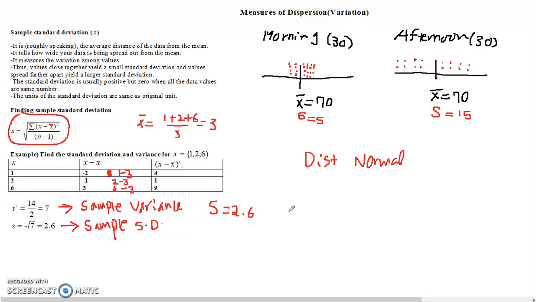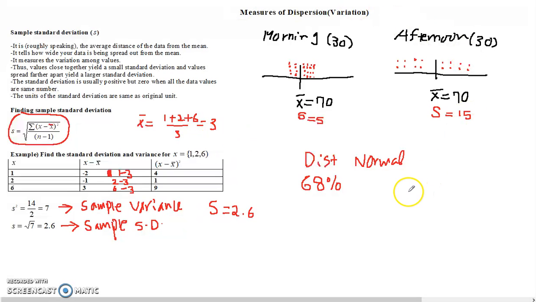So what that means here is that about 68% of all data is going to lie within 2.6 of the sample mean. In other words, let's say the mean is going to be 3 here.